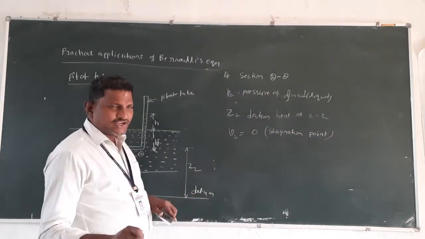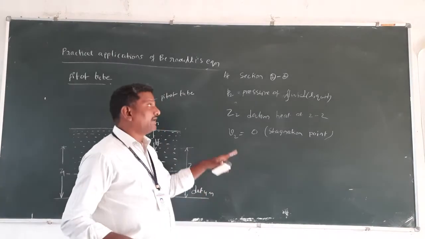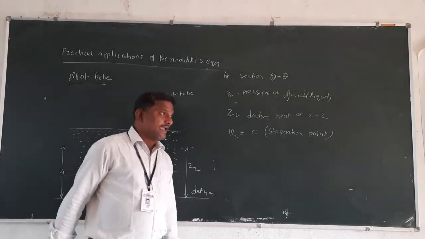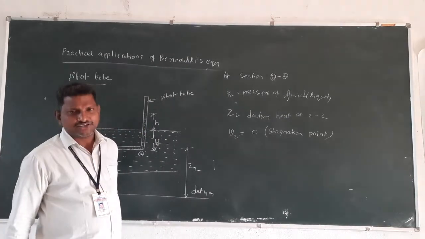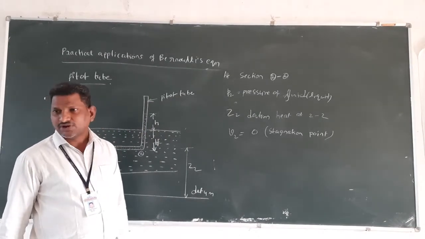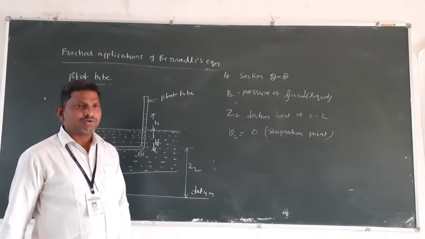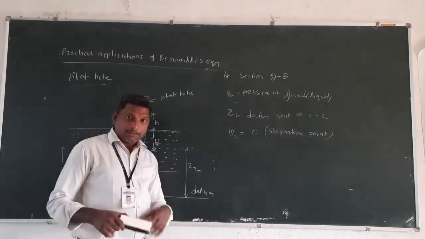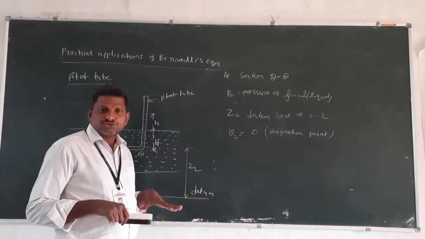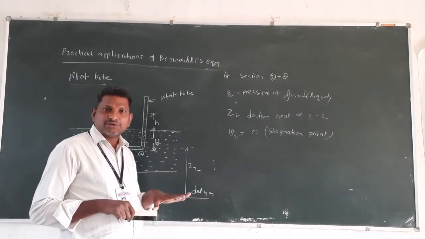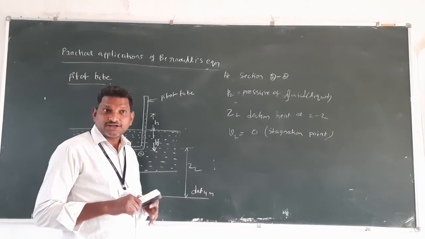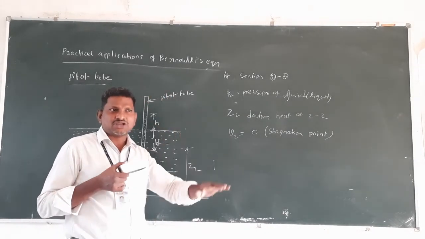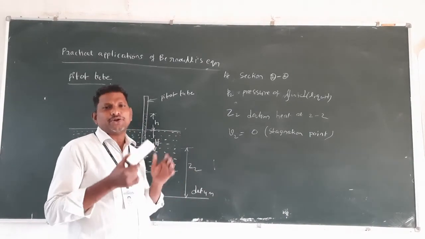The pressure at stagnation point is called stagnation pressure. Energy can neither be created nor destroyed, but it will be transformed from one form to another. If velocity is 0, the kinetic energy is completely changed into pressure energy.